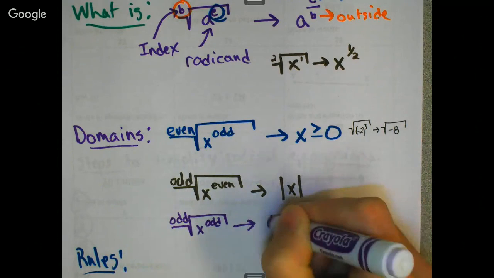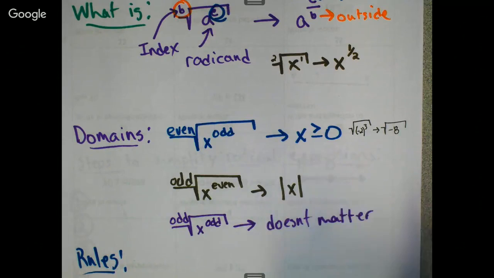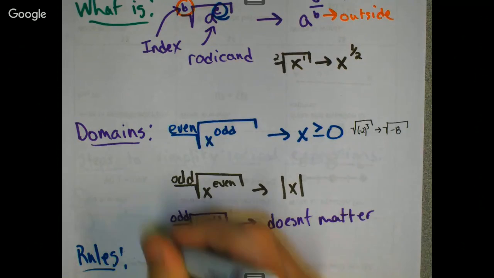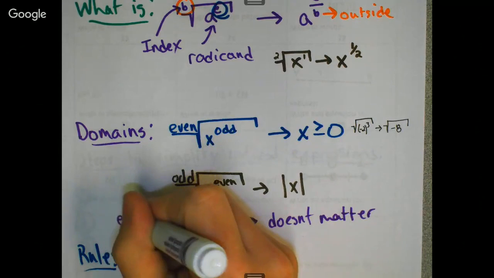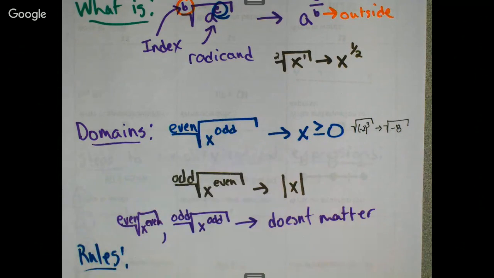This doesn't matter what value you have for x when you simplify; they can be negative in that case. And even with even doesn't matter either. We're also not worried about those kinds of numbers.